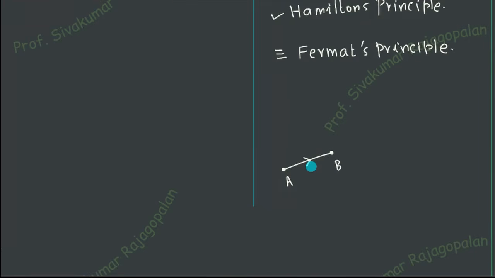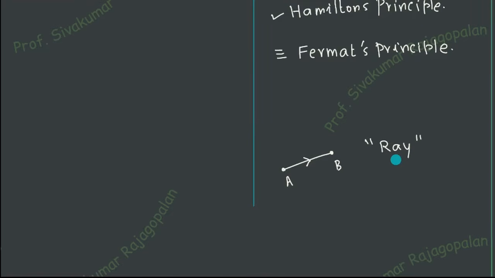But if nothing is there, we are talking about vacuum. Once you switch on the light source, the light will travel in a particular straight line and reach the point B. Because of this reason, optics is usually called ray optics. That's how you learn first of all. So a ray is actually a straight line.